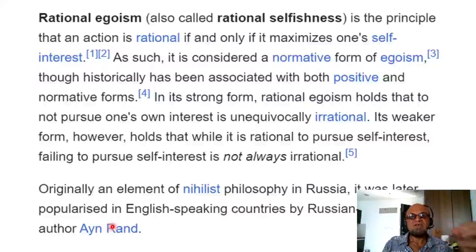Basically, in a very brief introduction, Ayn Rand argued that human beings can be perfect, and the only system that works for perfect human beings is capitalism, that selfishness is not greed, that selfishness is rational.